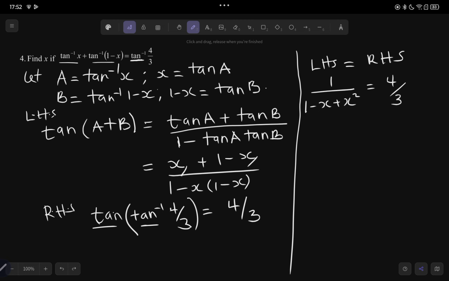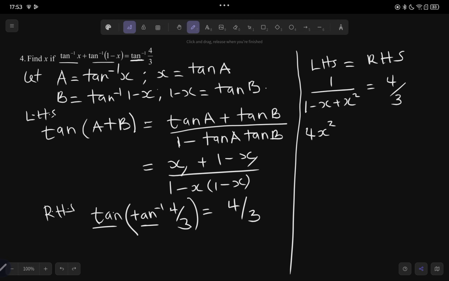Now since the two sides have been equated, we can easily simplify our work. See what we get from there. If we cross multiply and rearrange, I'm leaving that to you to do the simplification.